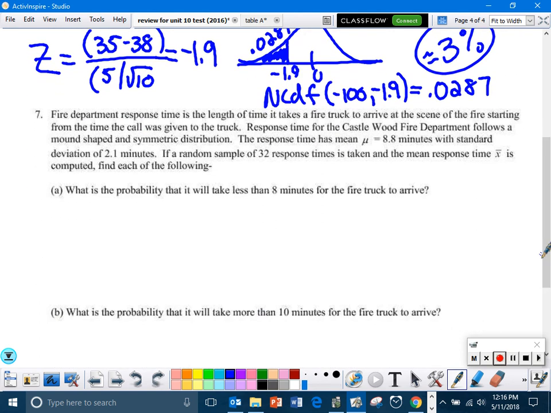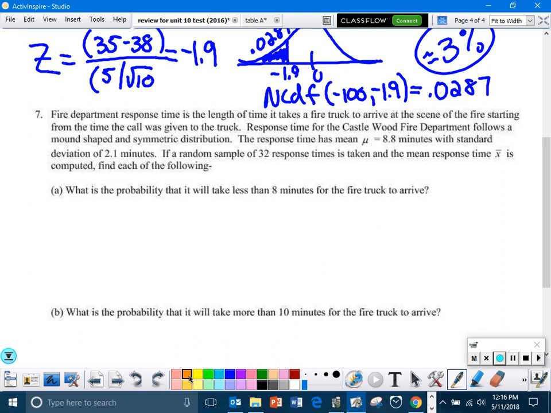Last problem. Fire department response time is the length of time it takes the fire truck to arrive at the scene of the fire, starting from the time the call was given to the truck. Response times for the Castlewood Fire Department follow a mound-shaped and symmetric distribution.